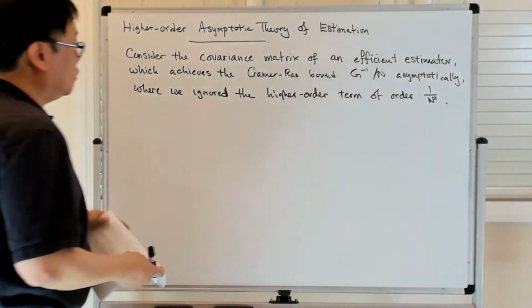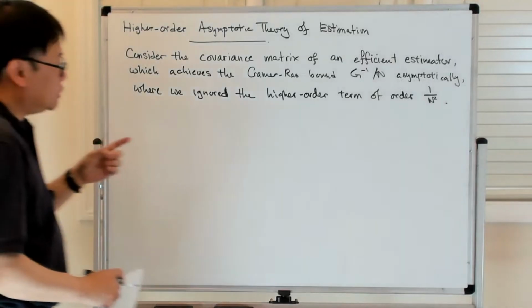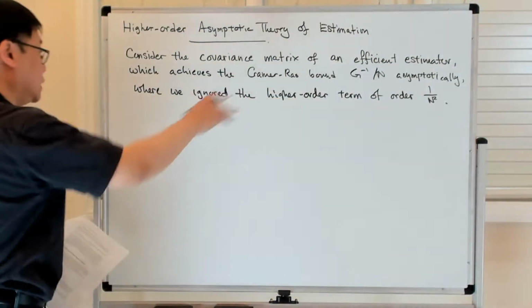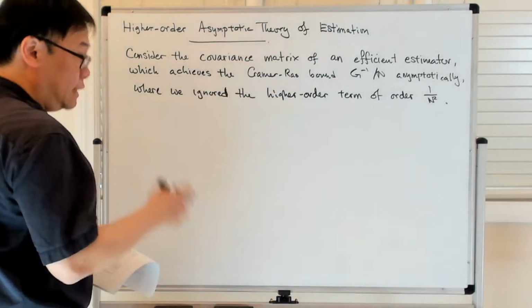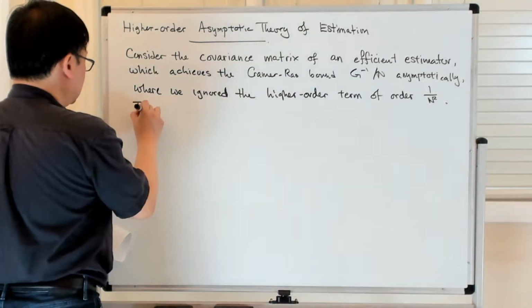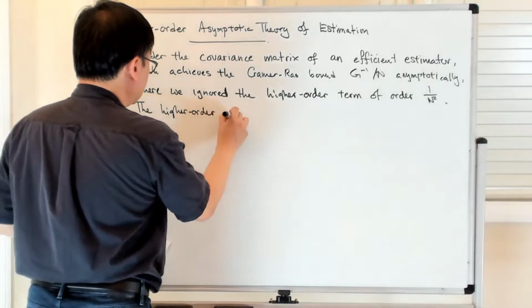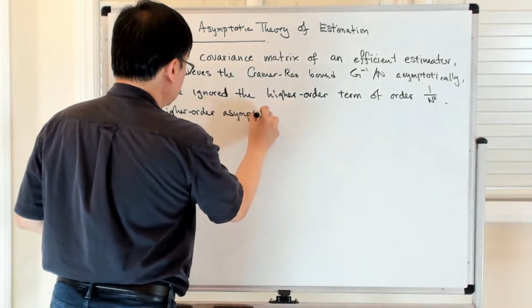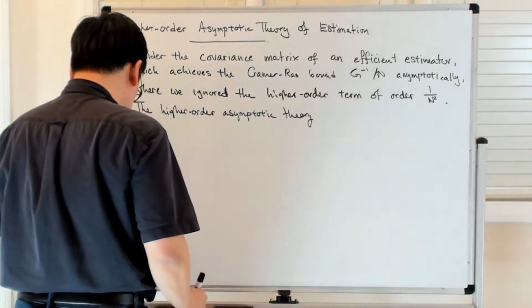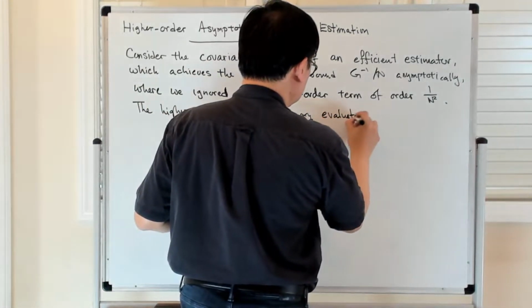Okay, so what we're hoping to achieve then, in higher order asymptotic theory, as you might expect, is to take the analysis one order up, and in particular look at this 1 over n squared term, and see how that behaves. Okay, so the higher order asymptotic theory, right, evaluates this higher order term.